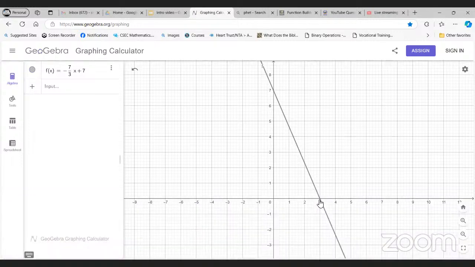There you have it. So we still have our y-intercept. Good. That's it. That's how the equation of the line is supposed to be written. All right. Okay. There we go.